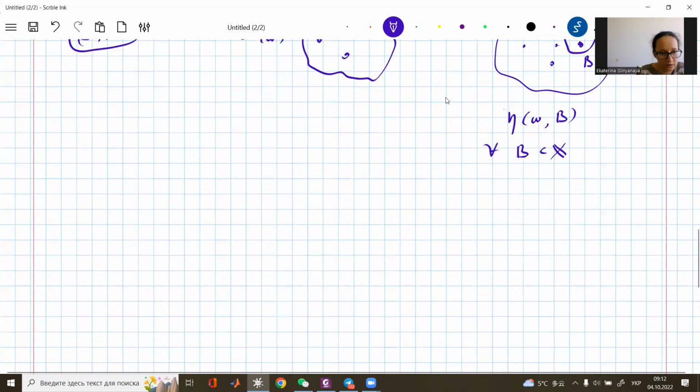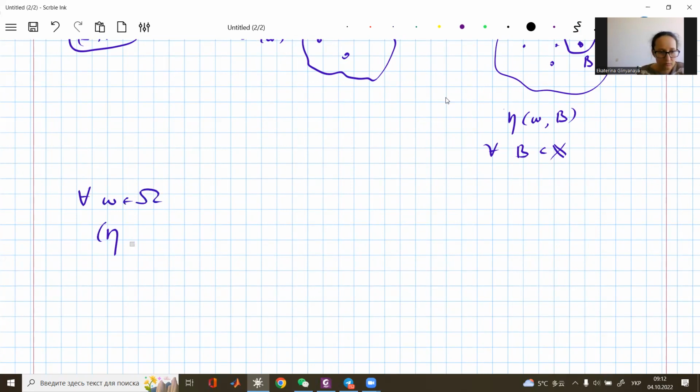So let me write now that first, note that for each omega, as a function of the second variable, eta is a countable measure.